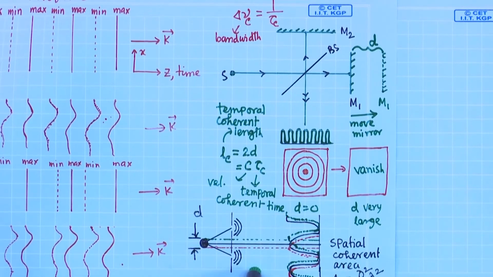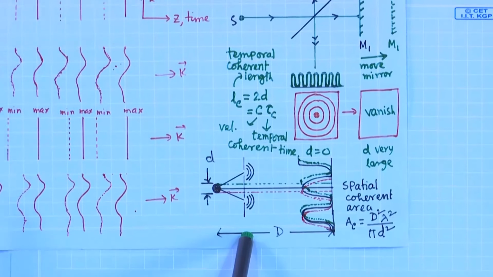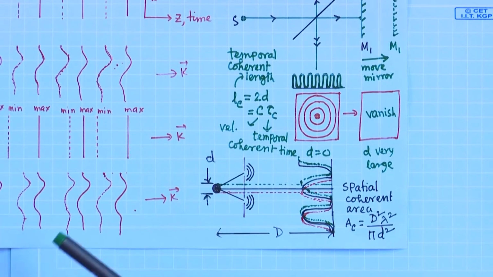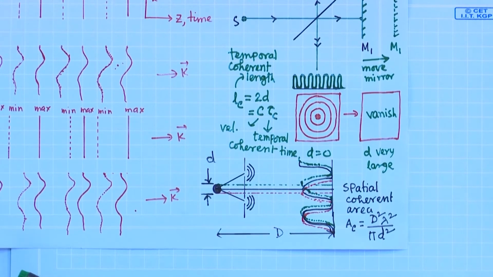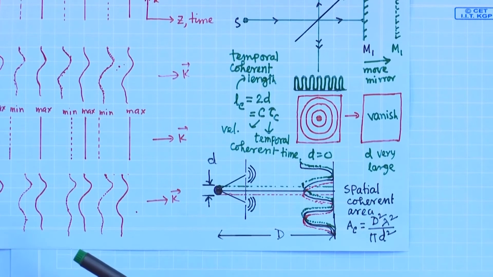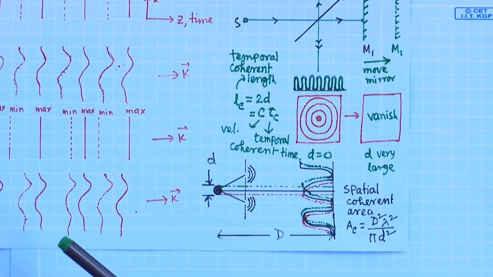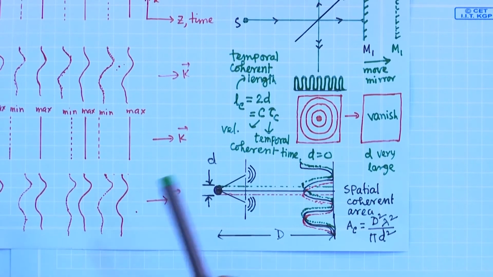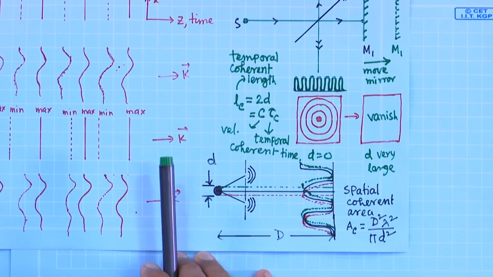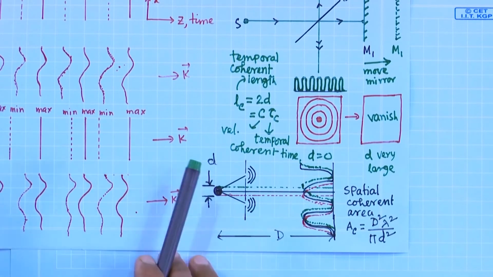Now for transverse or spatial coherence. If it is a point source, it will be spatially coherent, but if the size is increased, there is a critical size after which you will lose the interference fringe pattern; it will vanish.